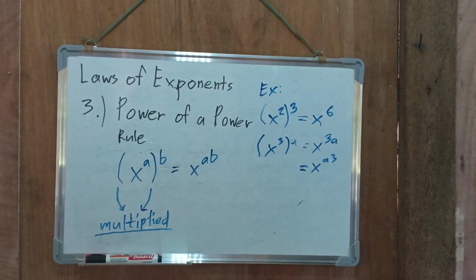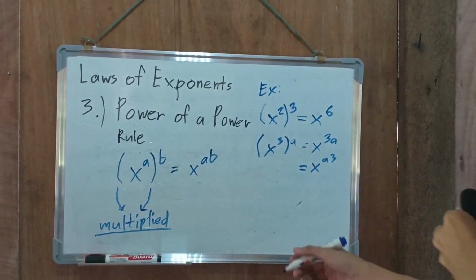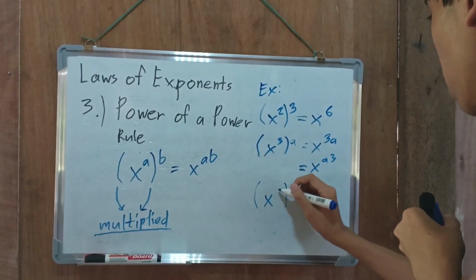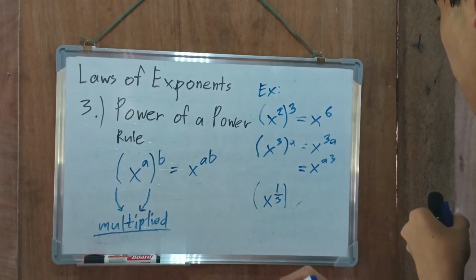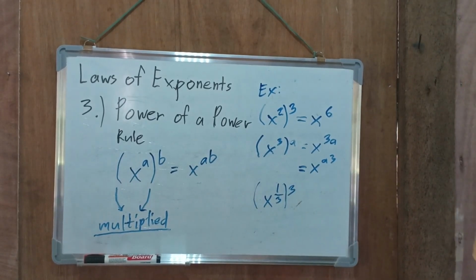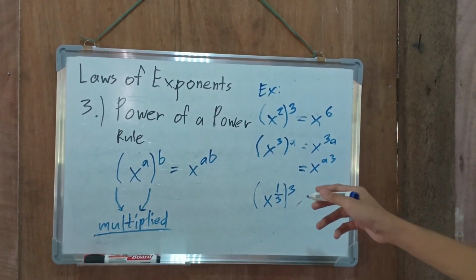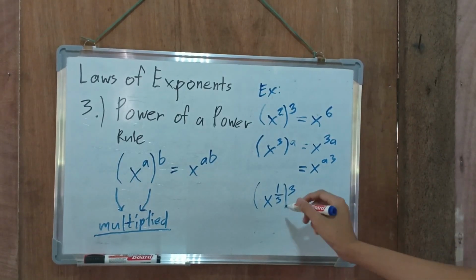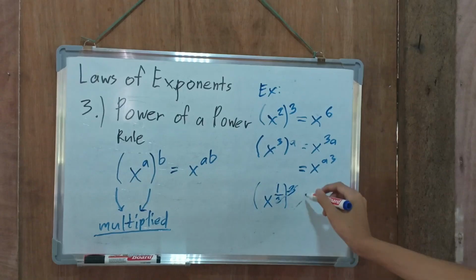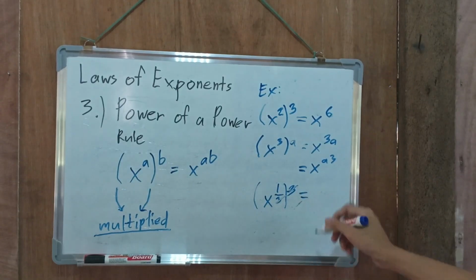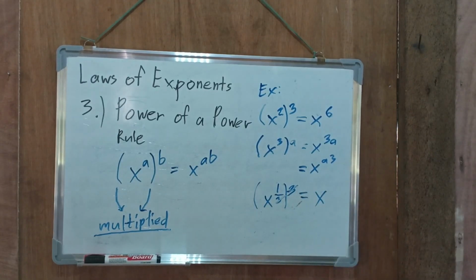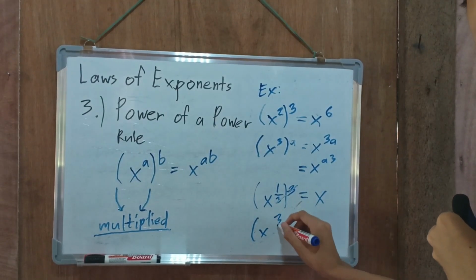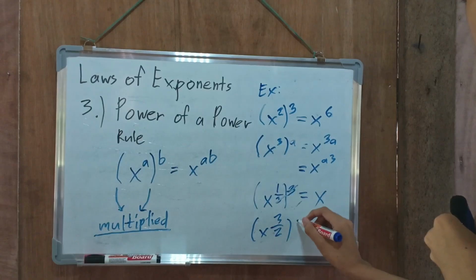What about fractions in an exponent? Let's assume x raised to 1/3 times 3. Of course, when you have 3 in the denominator and 3 in the numerator, usually they get cancelled. So that means the answer is just x. But what if it's x raised to 3 over 2 times 4?